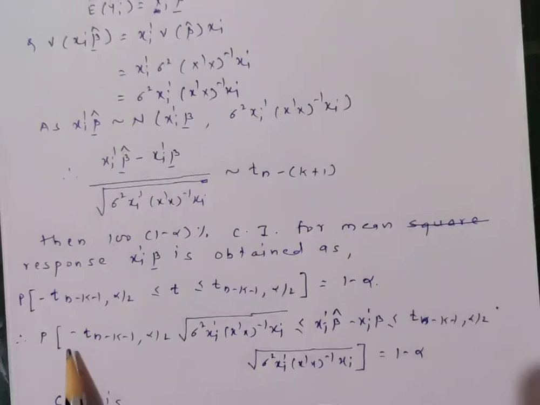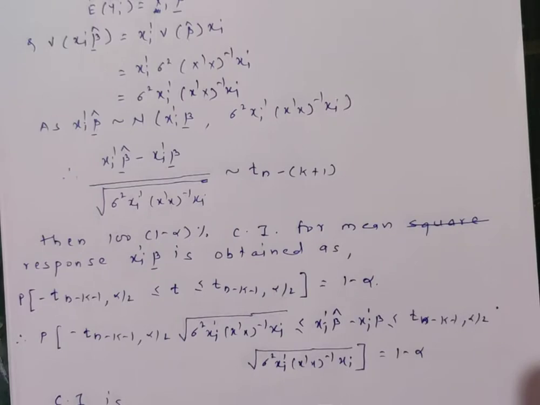So what we get is minus t n minus k minus 1, alpha by 2, times the square root of sigma square xi prime (X prime X) inverse xi, is less than or equal to xi prime beta hat minus xi prime beta, which is less than or equal to t n minus k minus 1, alpha by 2, times the square root of the variance, equal to 1 minus alpha.